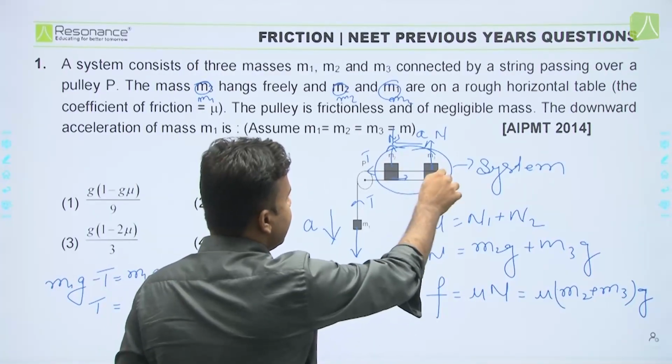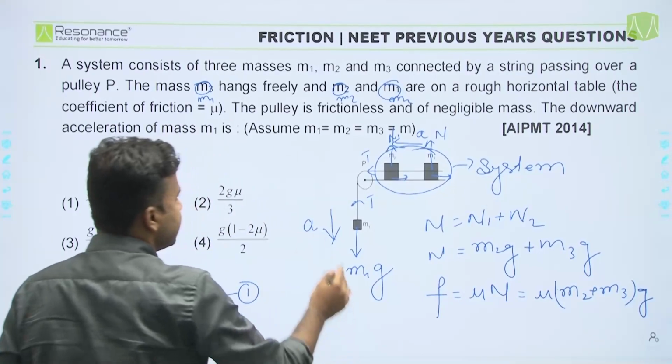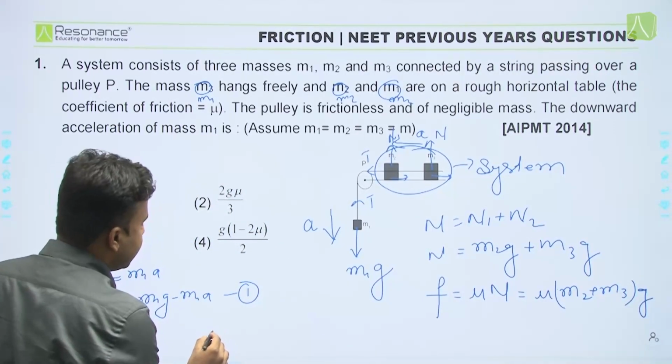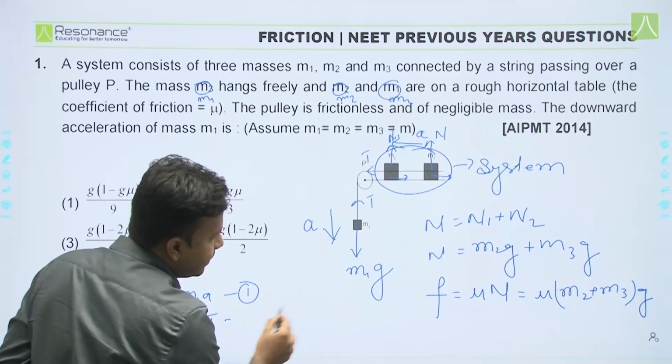Second, if you write the horizontal balance of force, or F net equal to mass into acceleration, the total horizontal forces are T minus friction force.